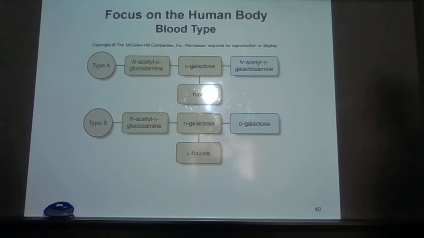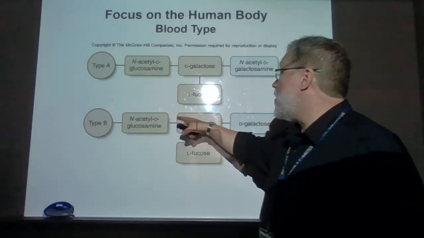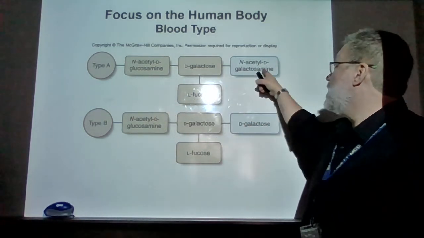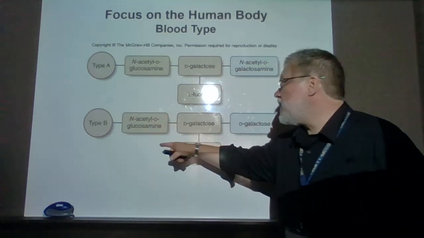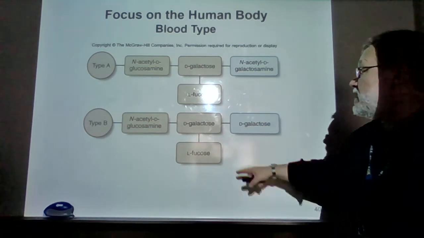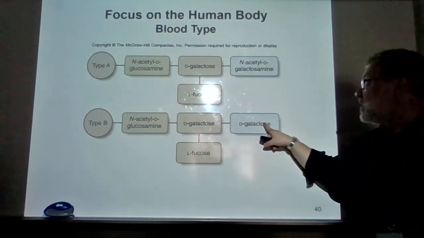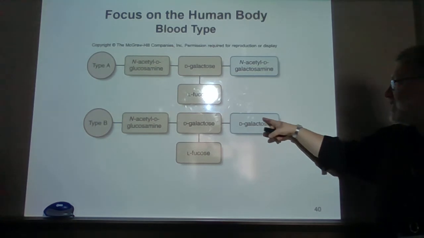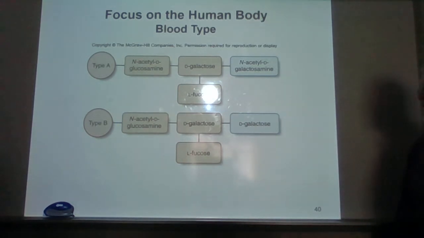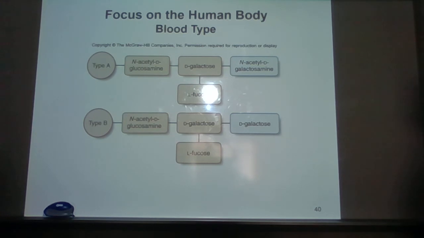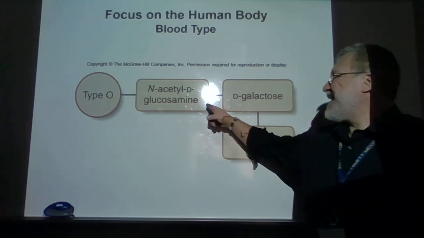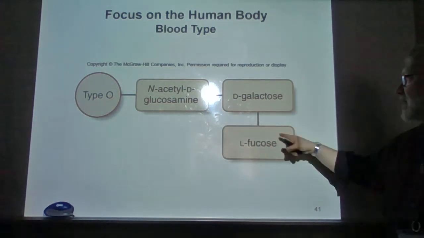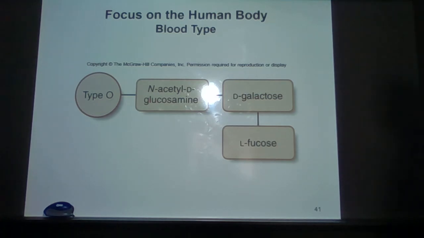So if we do a very simple structural diagram, type A blood has N-acetylglucosamine, D-galactose, L-fucose, N-acetyl D-galactosamine. Type B has N-acetyl D-glucosamine, D-galactose, L-fucose, but instead of N-acetyl D-galactosamine, they just have D-galactose. O blood has N-acetyl D-glucosamine, D-galactose, and L-fucose.